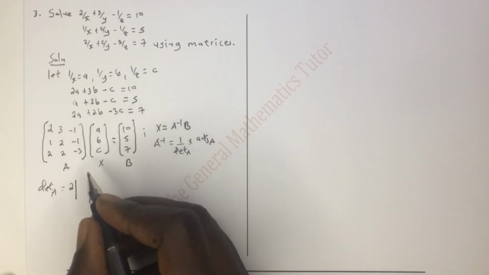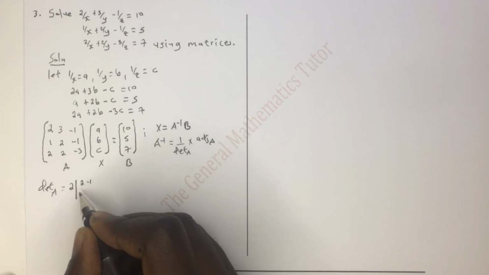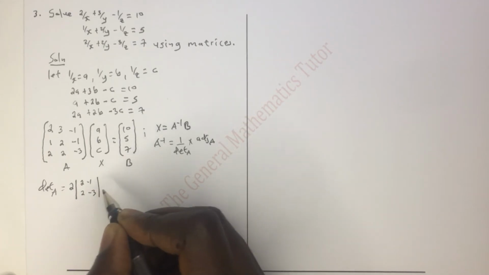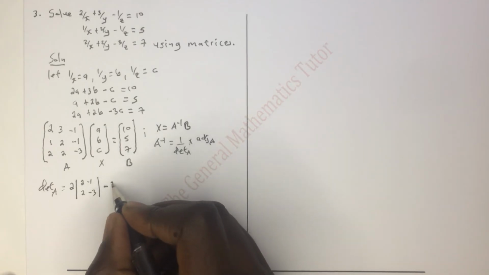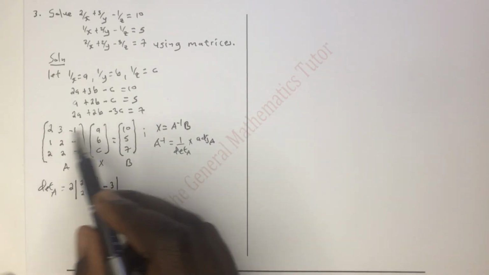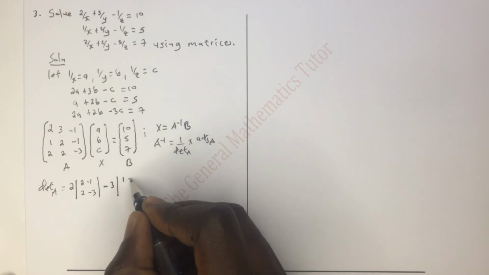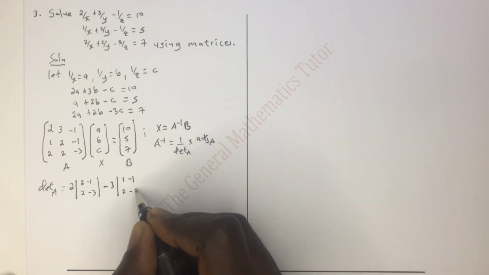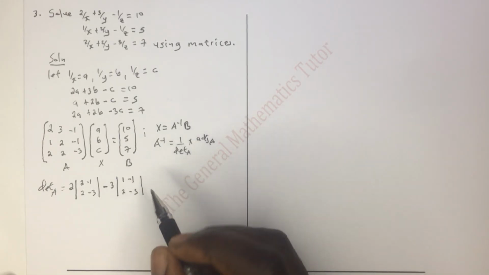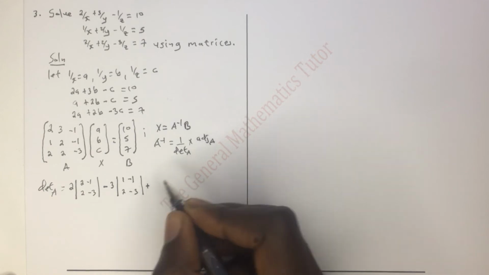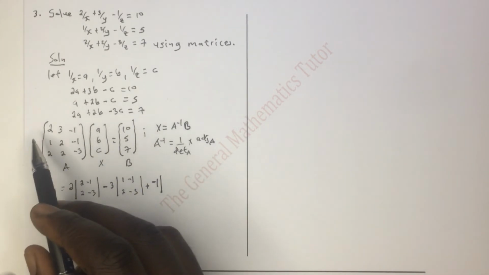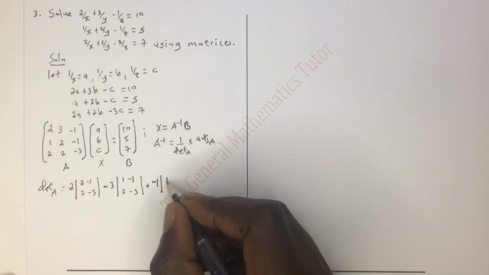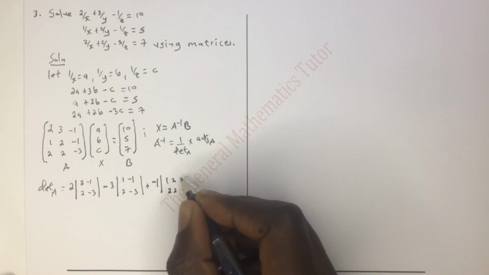You're left with 2, negative 1, 2, negative 3, minus the second element, which is 3, cover its row and column. You're left with 1, negative 1, 2, negative 3, plus the third element, that is negative 1, cover its row and column. You're left with 1, 2, 2, 2.